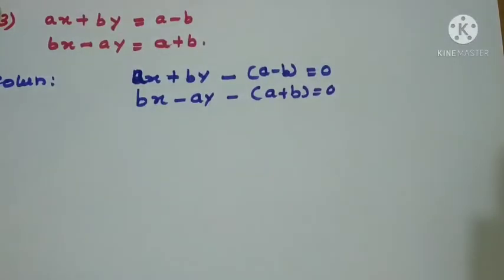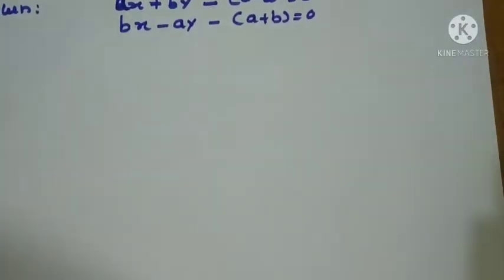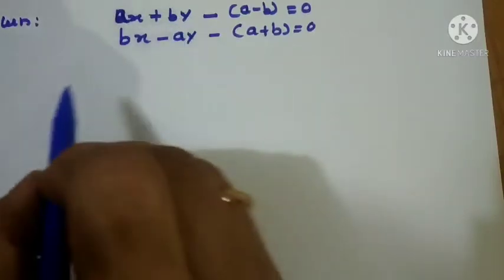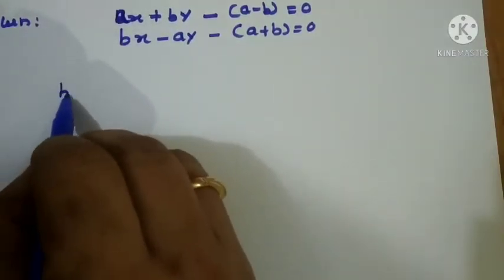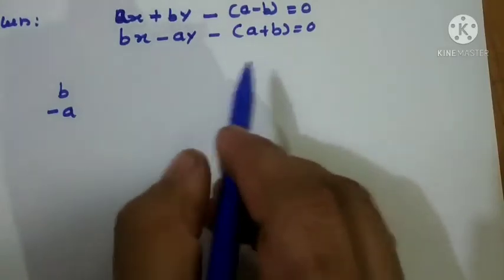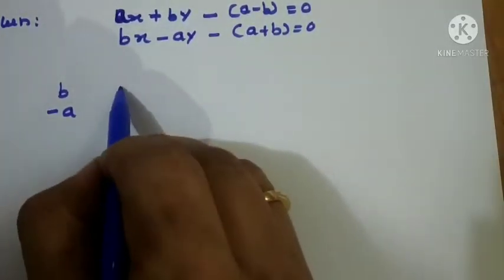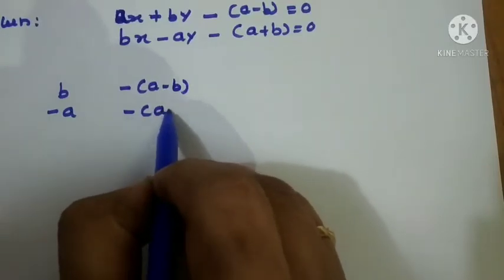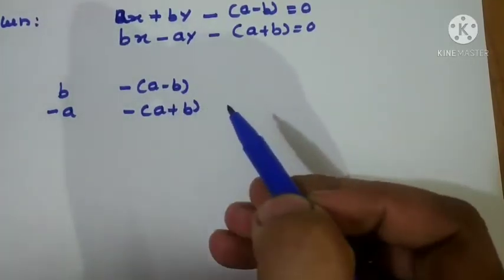What have we done here? We brought it into standard form, right? What is the next step? Coefficient of y, I should write b then −a. Here constant, −(a − b), −(a + b), one below the other.